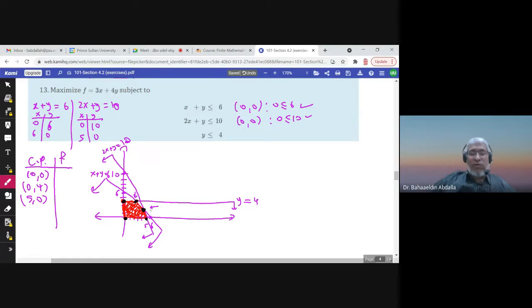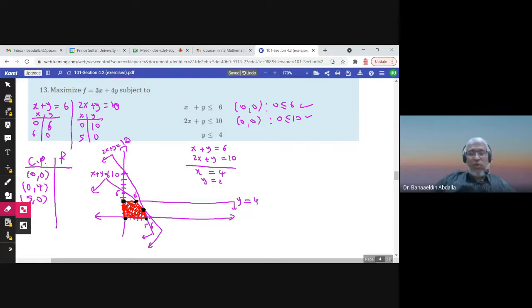For this one, it is the intersection of the line x plus y equals 6, this line, and the line 2x plus y equals 10. If I subtract, 2x minus x is x, y minus y is 0, 10 minus 6 is 4. So x is 4 here, and if I put 4, then y will be 6 minus 4, so y is 2.